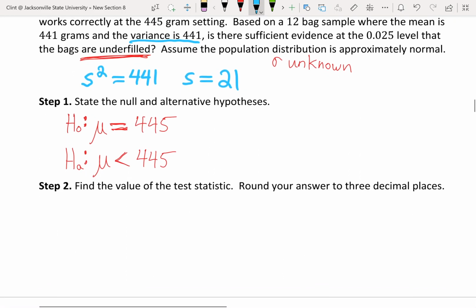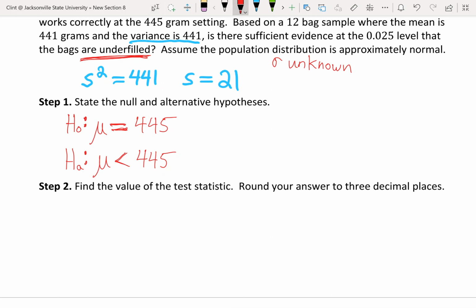So for a t test statistic, the formula looks almost the same. We're just calling our standard deviation S instead of sigma. So let's see.